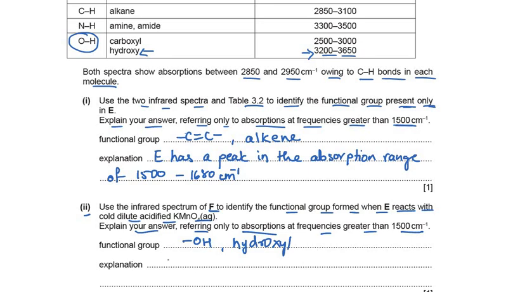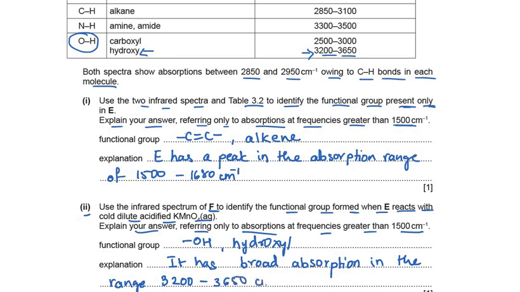Now the explanation is that it has a broad peak, or you can say a broad absorption in the range, you can see in the table above, that the range is 3200 to 3650 per centimeter. So that is the range we are expecting for a hydroxyl group.